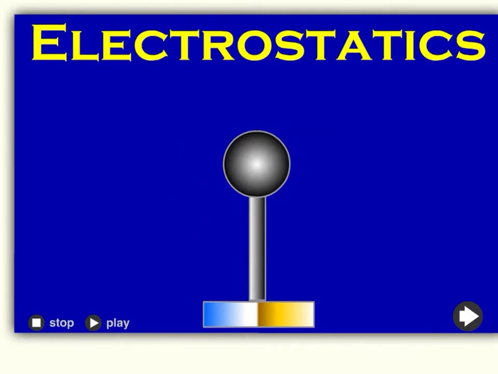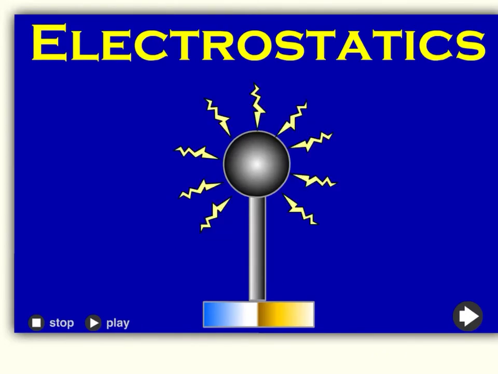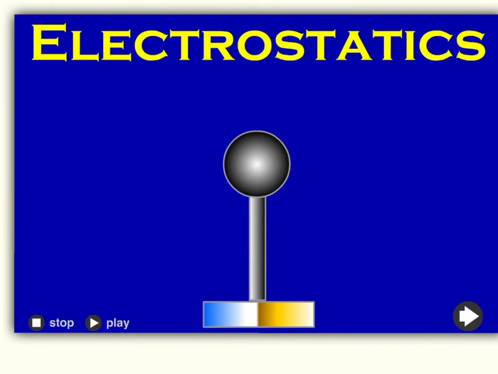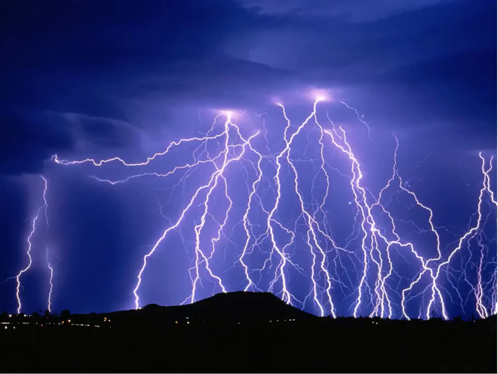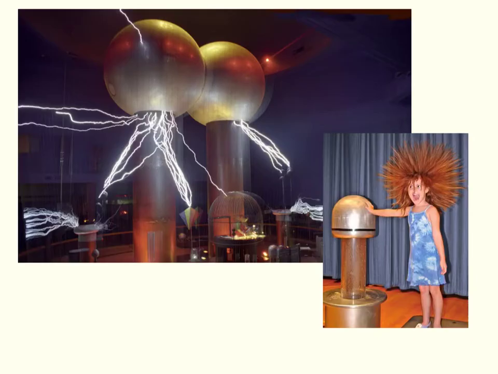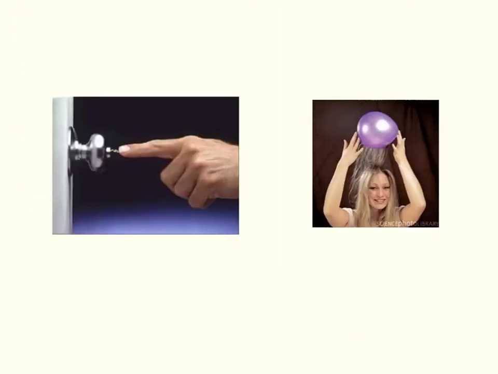Let's learn about static electricity. Static electricity can range from the super spectacular, like lightning, or Van de Graaff generators, to more common phenomena, like getting shocked when you put your finger near the doorknob, or having a balloon near your hair that makes your hair get all staticky.